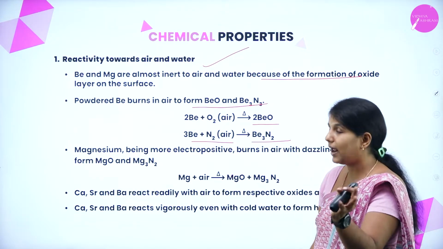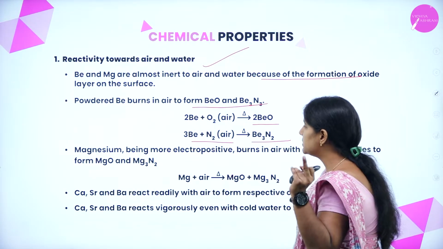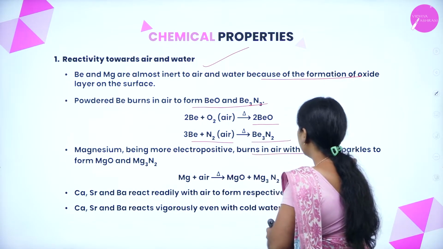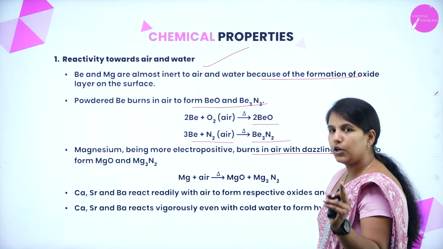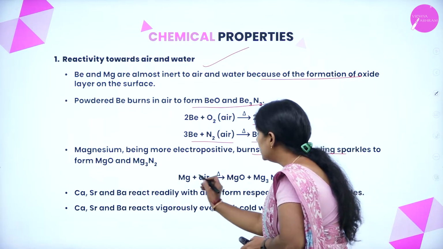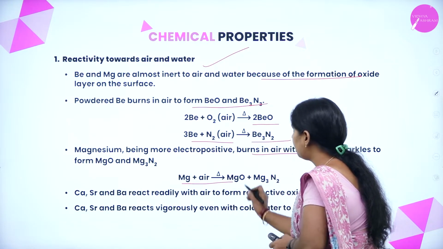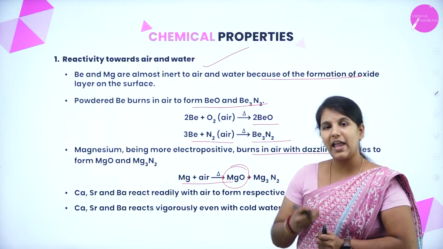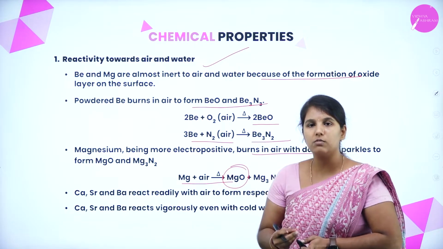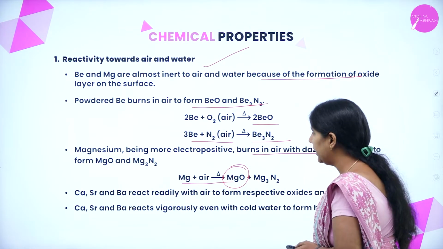Beryllium nitride. Magnesium is more electropositive and burns in air, and a dazzling sparkle is produced when it burns. So magnesium combines with air and forms what? Magnesium oxide. Similarly, when it reacts with nitrogen, it forms what? Magnesium nitride.